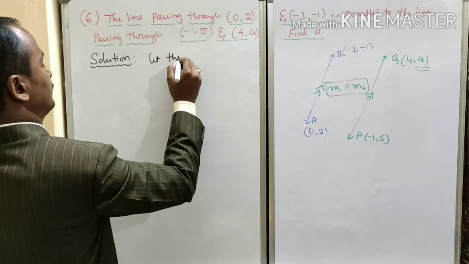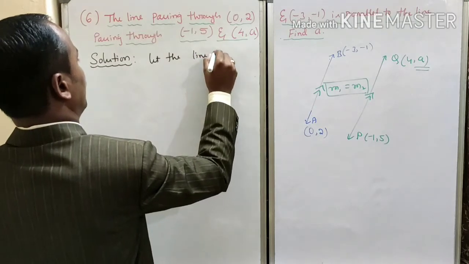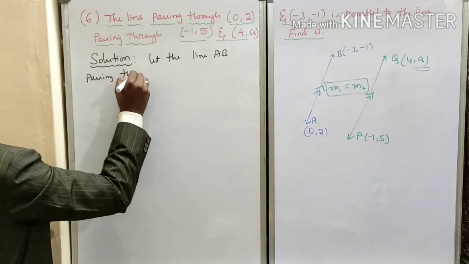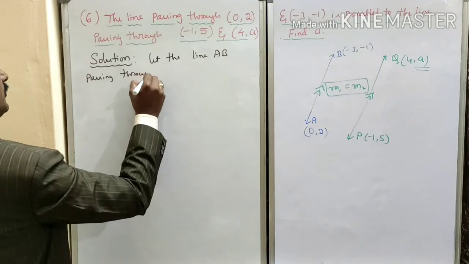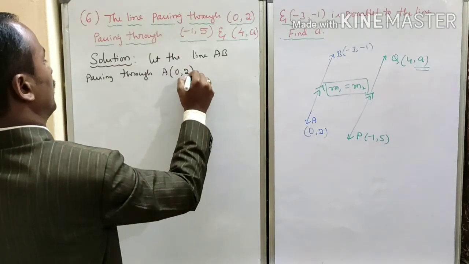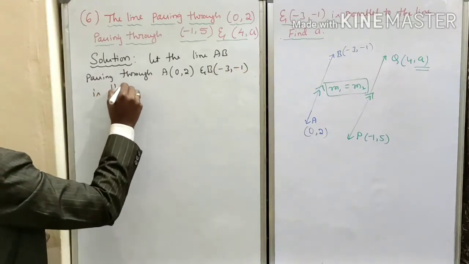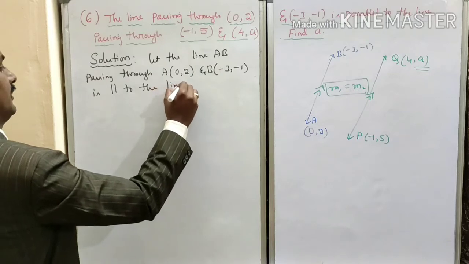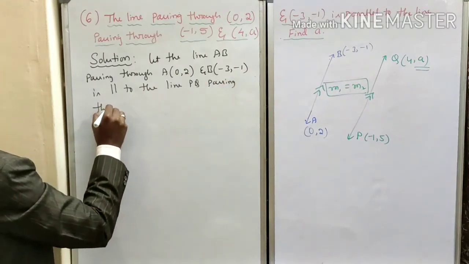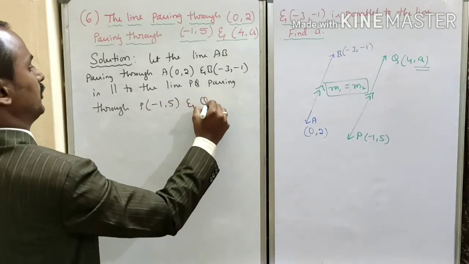Let the line AB passing through A (0, 2) and B (-3, -1) be parallel to the line PQ passing through P, coordinates (-1, 5) and Q, coordinates (4, a).